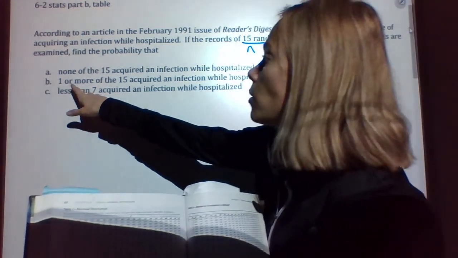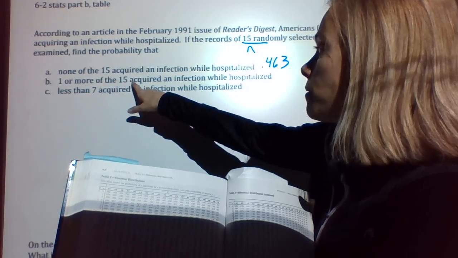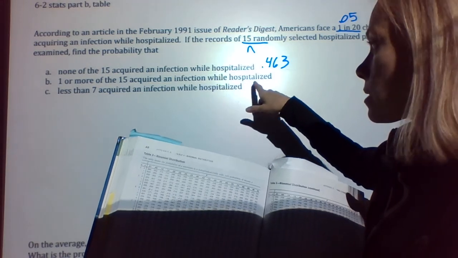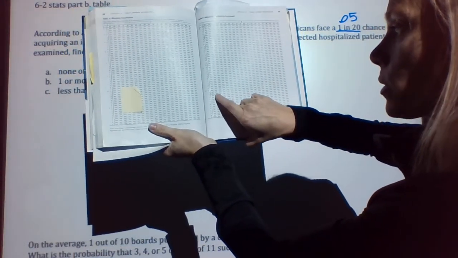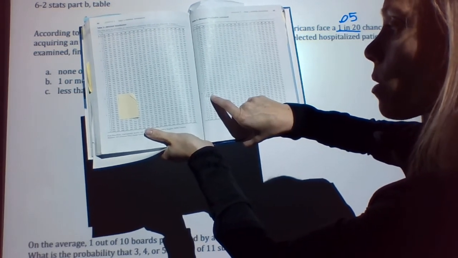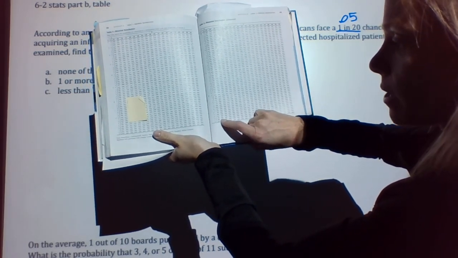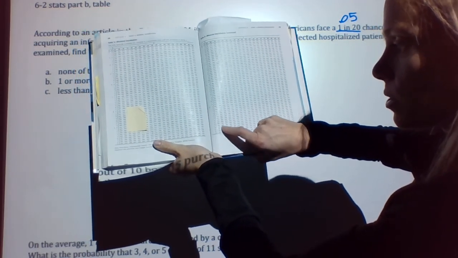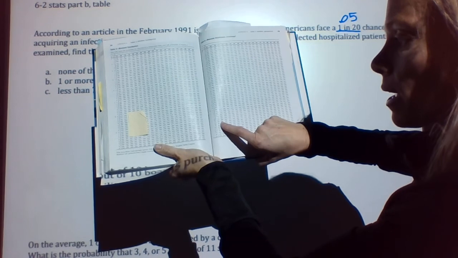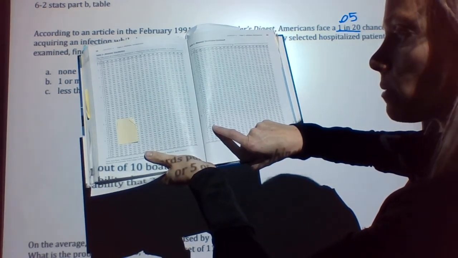So let's try this one. 1 or more of the 15 acquired an infection while hospitalized. So 1 or more would be 1, which is 0.366, or more would be all the way down to 15, okay? So if you notice, these are all zeros because the probability is so small that it's approximately 0.